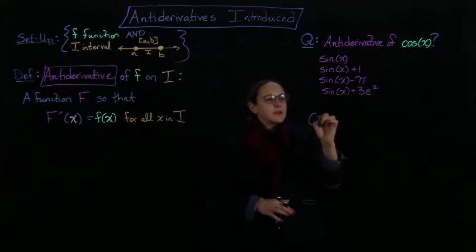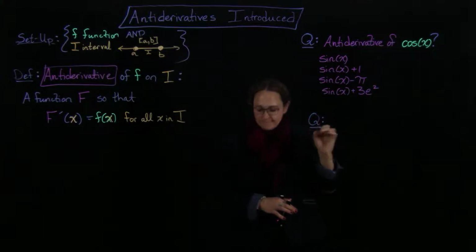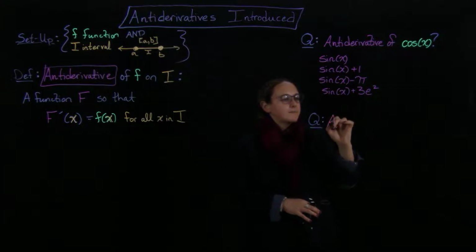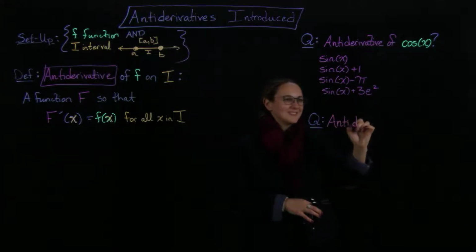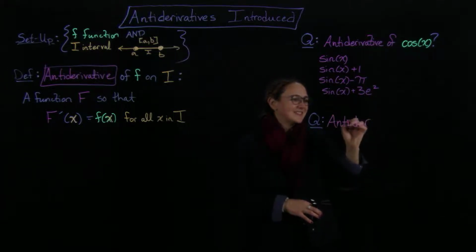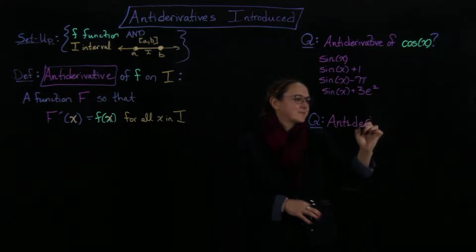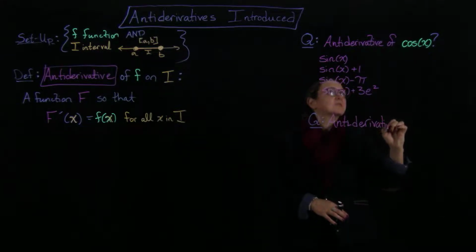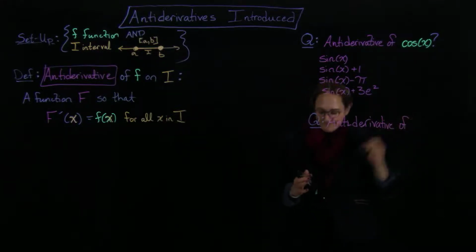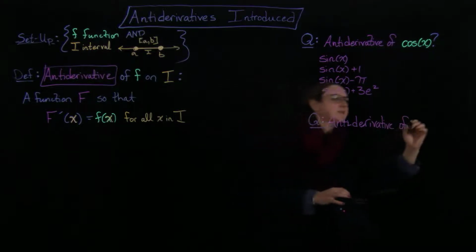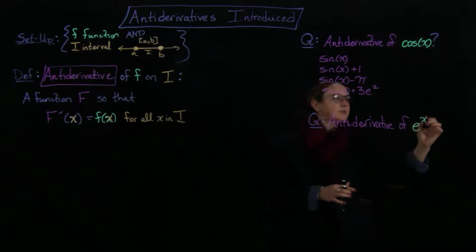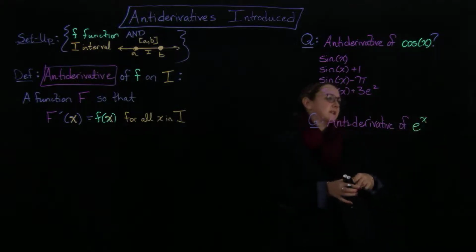Let's try one more. We want to find the antiderivative of something a little bit trickier, but actually we're going to build up to it. This one won't be as tricky yet. If I take the antiderivative of e to the x, what function, when I take its derivative, gives me e to the x?